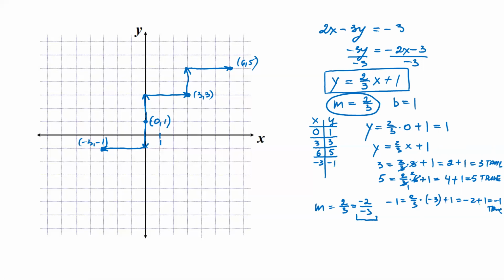Okay. So what can I now do? Well, first of all, I can connect these points, and that's how I'm going to get the graph of my equation, right? So I could claim that I used the slope to graph the line.